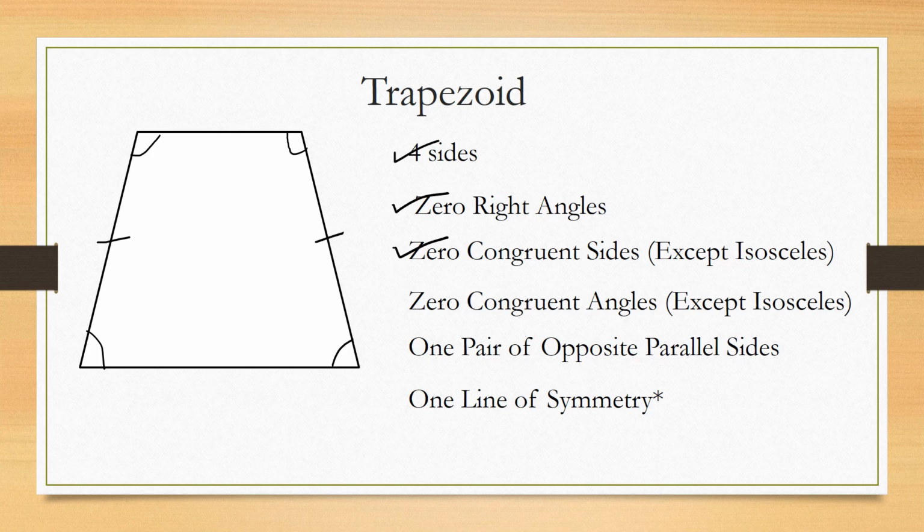There is one pair of opposite parallel sides, in the sense that this side is opposite and parallel to this side. And there is only one line of symmetry in an isosceles trapezoid. The other trapezoids do not have a line of symmetry. So in an isosceles trapezoid, the line of symmetry would run along here. That is the trapezoid.